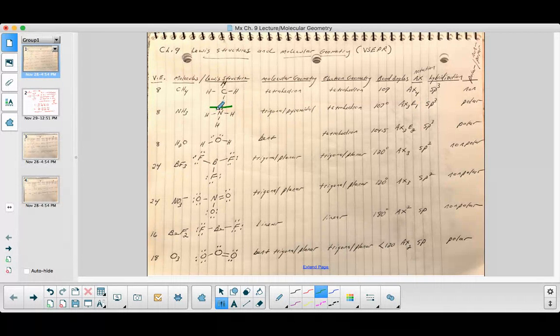That's what that E1 represents. And now the hybridization is still the sp3. Now this is considered polar because it is not symmetrical. That unshared pair of electrons makes it unsymmetrical, therefore polar.